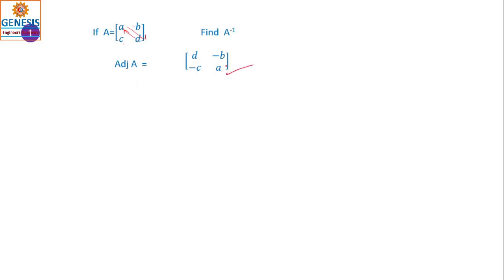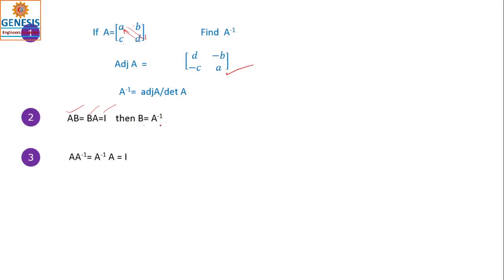Next, if AB is equal to BA is equal to I, then B is equal to A inverse. Next, A inverse A is equal to I, which is called the unit matrix or identity matrix. If A is an orthogonal matrix, then A inverse and A transpose are also orthogonal.